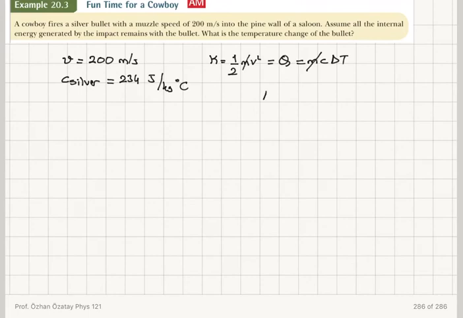So I will find that the change in temperature will be v squared divided by 2c. So this will be 200 squared divided by 2 times 234, and this is going to give me 85.3 degrees C.